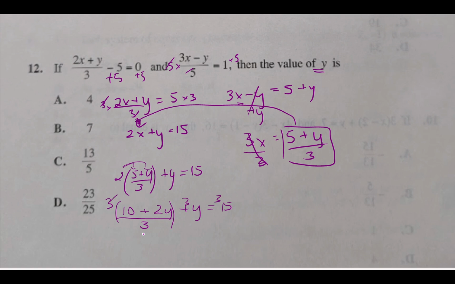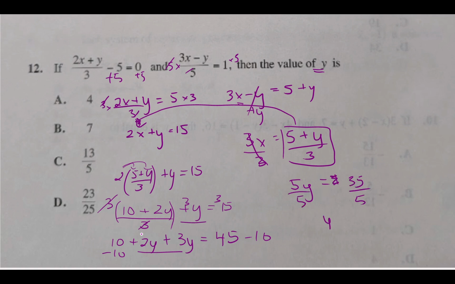So I end up with this one going away, which would give me 10 plus 2y plus 3y equals 45. Let's collect like terms. So we'll have 5y equals, I'm also going to move the 10 to the other side, and then 45 minus 10 is 35. Divide both sides by 5. y will equal 7.